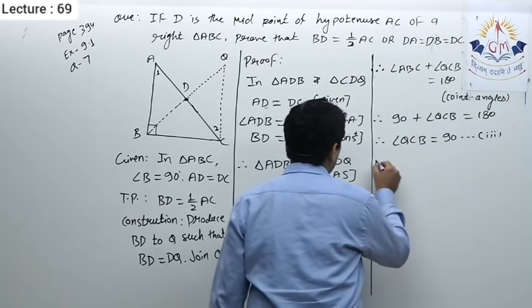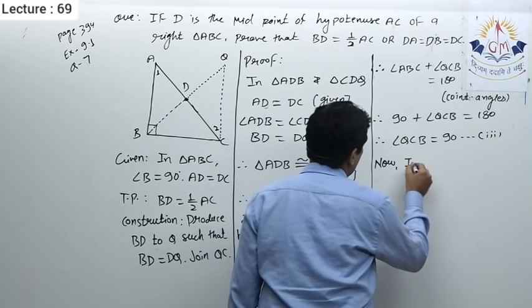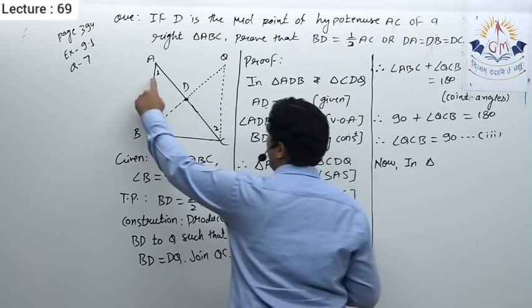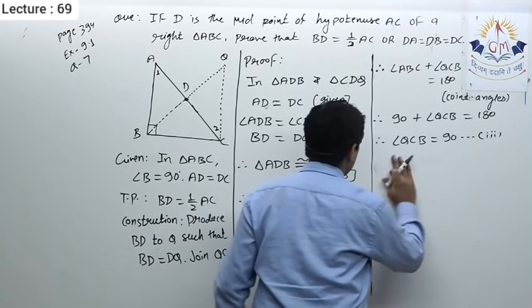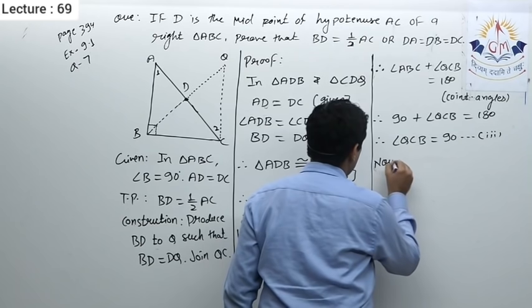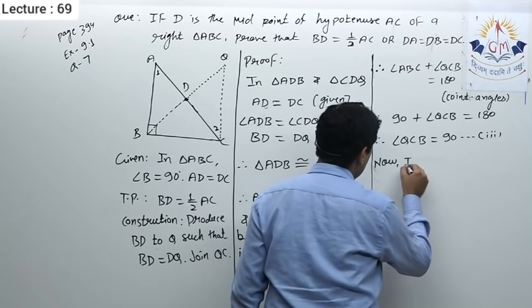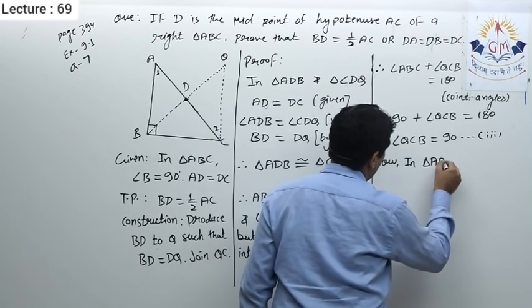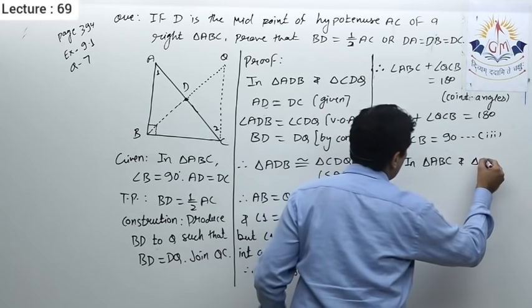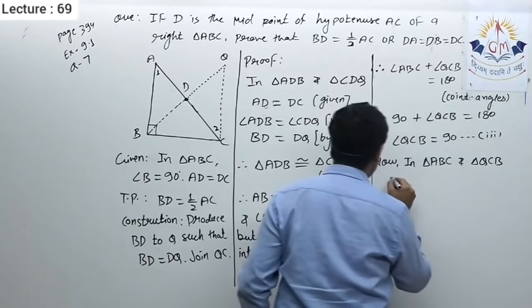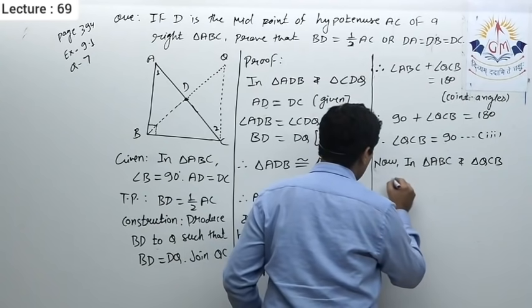Now in triangle ABC and triangle QCB, AB equals QC.